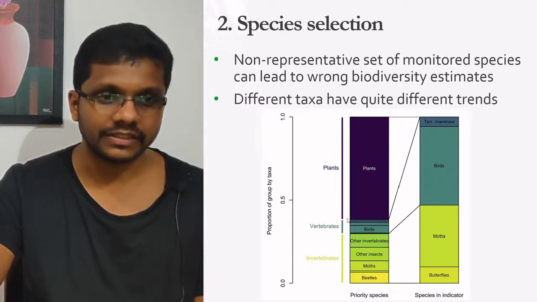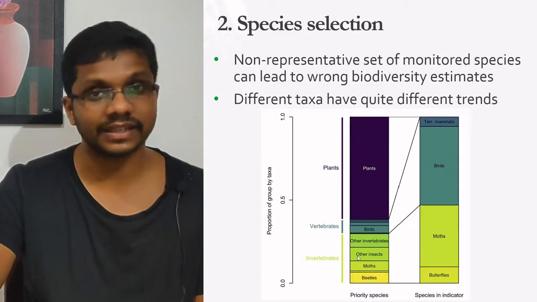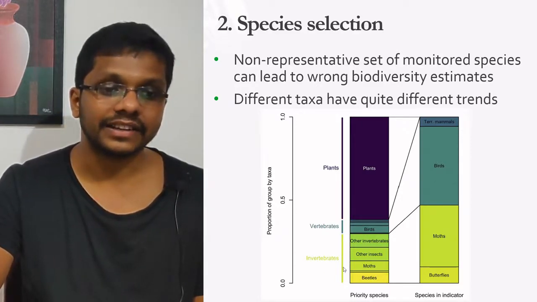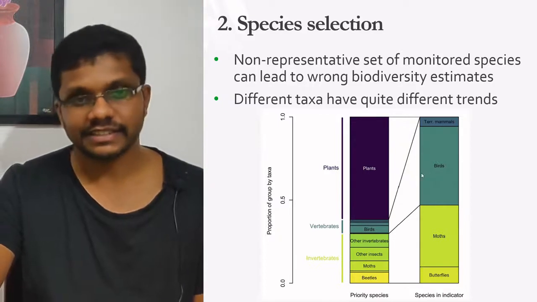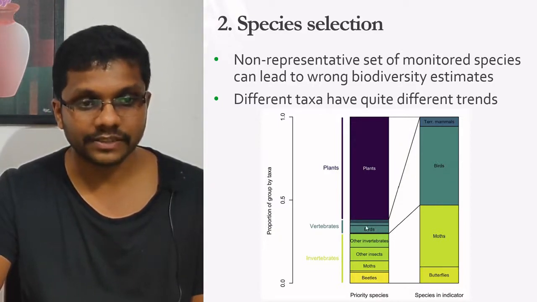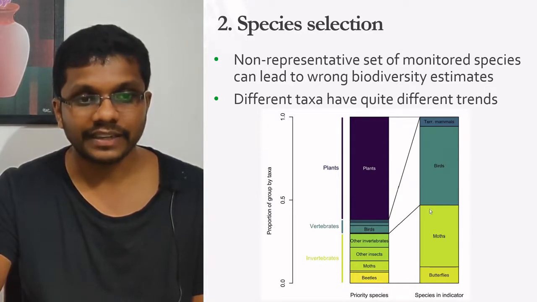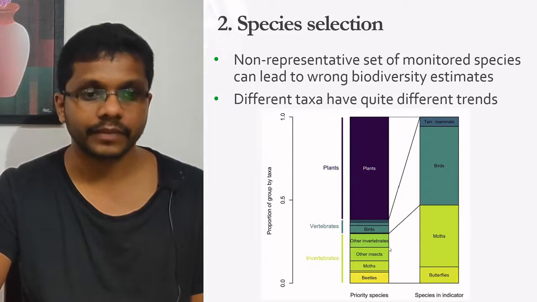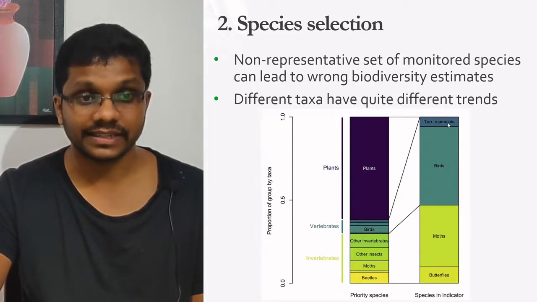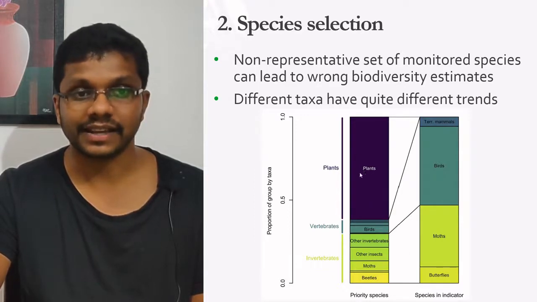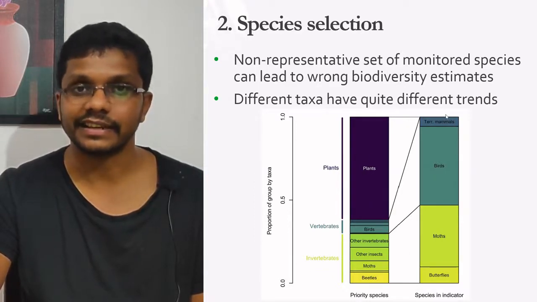So this is the population structure in a particular geographical area. But when we look at the indicators, birds, which constitute only this much in the real population of the same area, are constituting almost half of the indicators. Same goes for the moths, terrestrial mammals, and the butterflies. Some, like the plants, are not represented at all in the indicators.